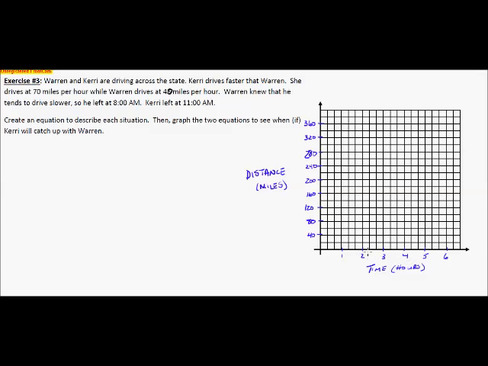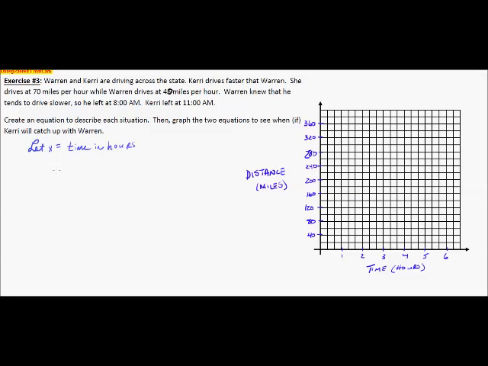I don't know how many hours they're going to drive to get to where they need to go. So I'm going to say let x equal the time in hours. Now this one's a little different because they're leaving at different times, so you have to decide what is going to be time 0 here.